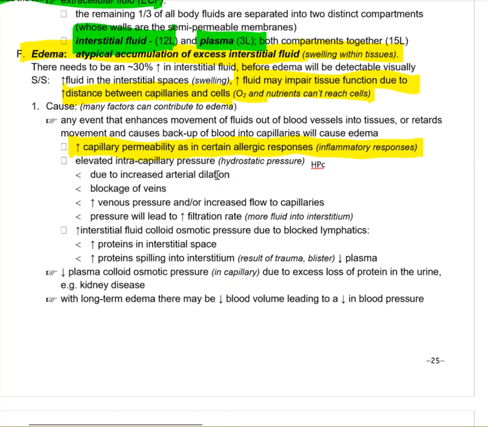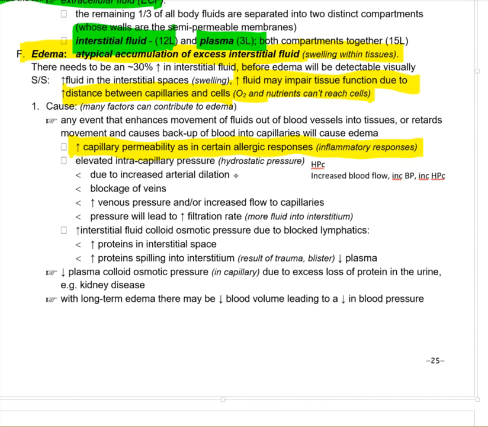We would have increased blood flow. We'd have increased blood pressure. And that would then mean, if we have increased blood pressure in the capillary, we'd have increased HPc. So does that make sense?